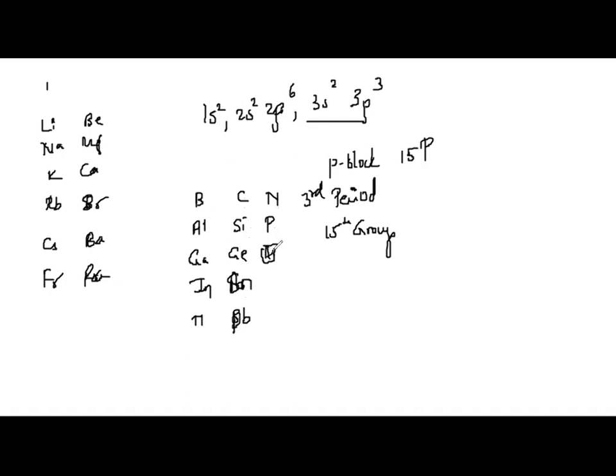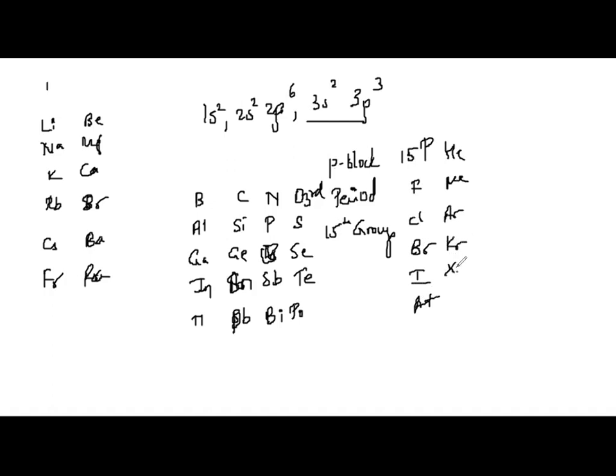Nitrogen, phosphorus, arsenic, antimony, then bismuth. Oxygen, sulfur, selenium, tellurium, polonium. Fluorine, chlorine, bromine, iodine, astatine. Helium, neon, argon, krypton, xenon, radon. This is groups 13, 14, 15, 16, 17, 18. Okay. Understand? You should know the elements.